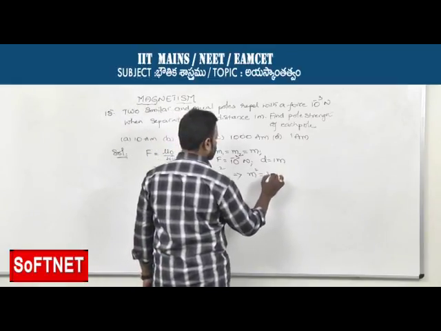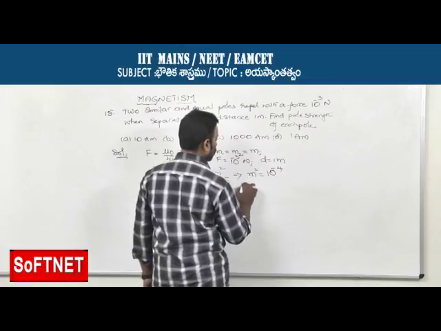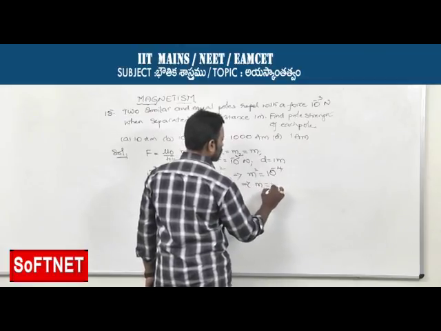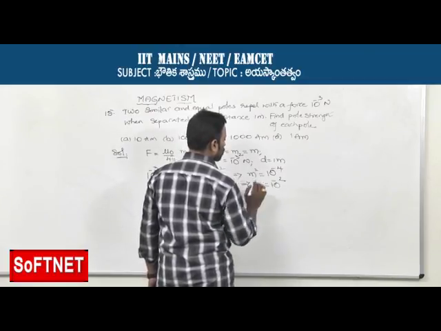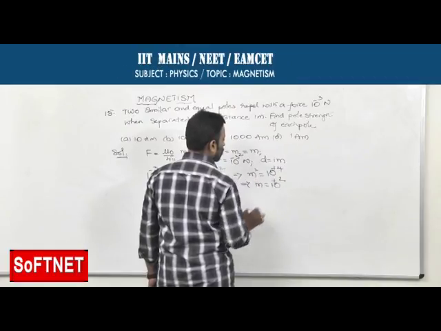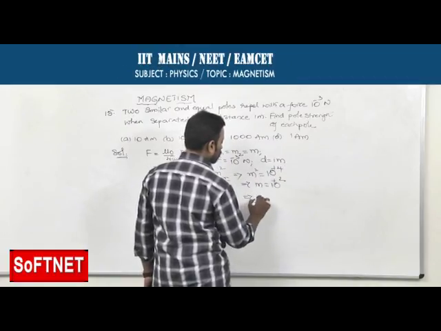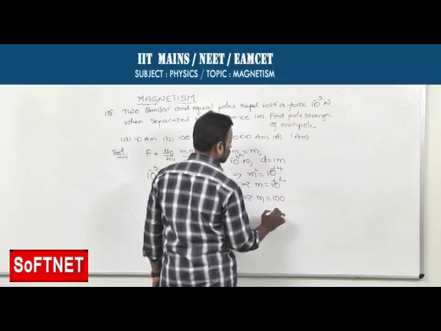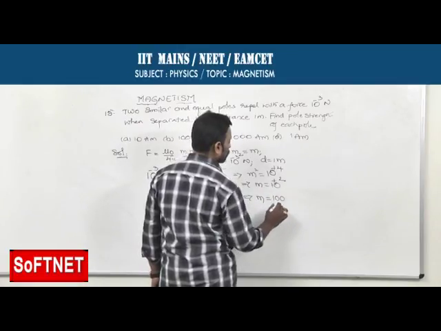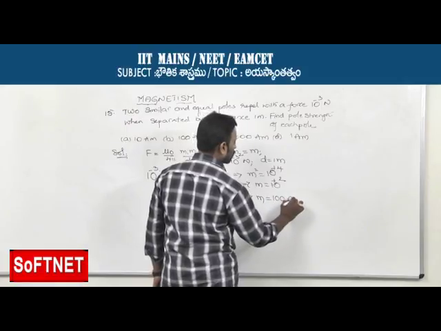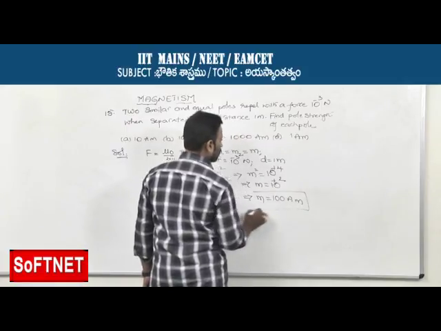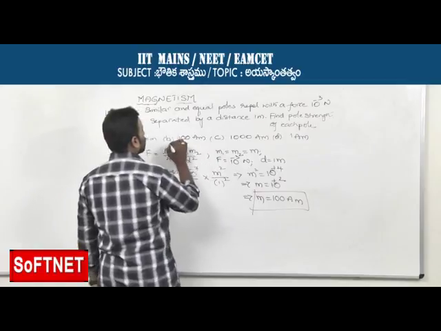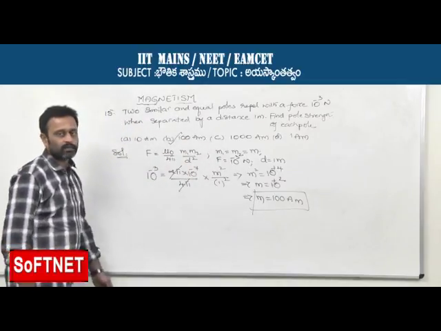So it becomes 10 power minus 4. From this, m is equal to 10 power 2. That is the magnetic pole strength of each. The pole strength of each pole is 100 ampere meter. So the second option is the correct one.